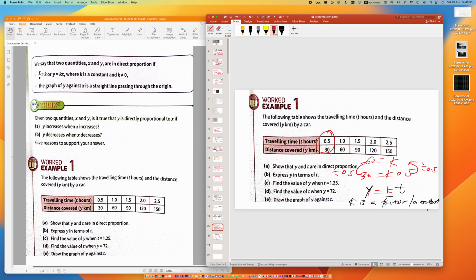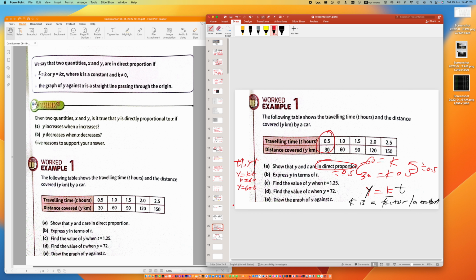So to answer part A, you just have to say t increases, y increases. To answer part B, because it's a direct proportionality, you just write y equals kt, and k is equal to 60, so y equals 60t.